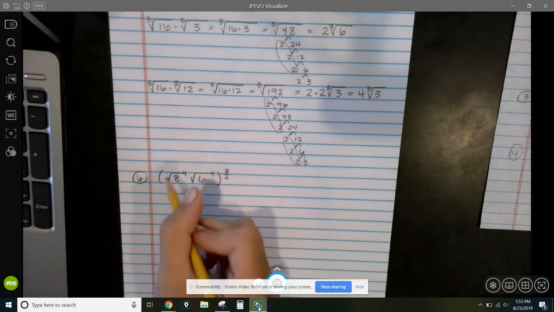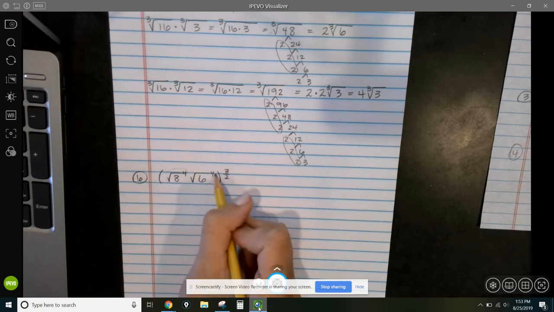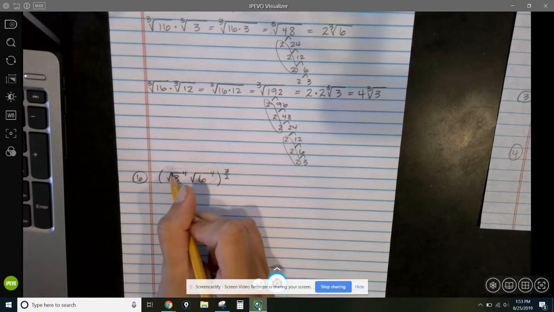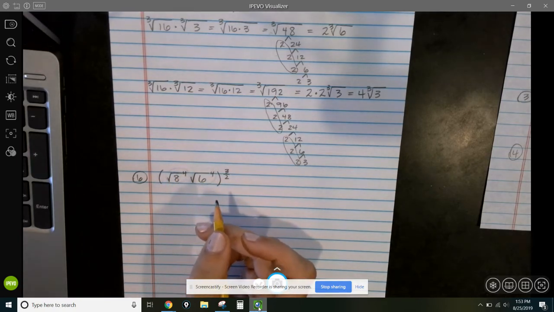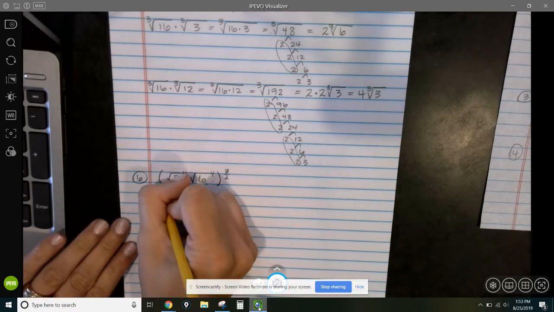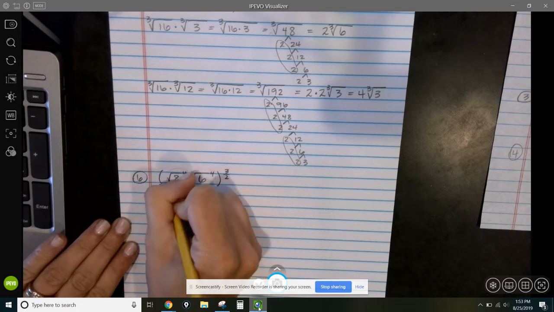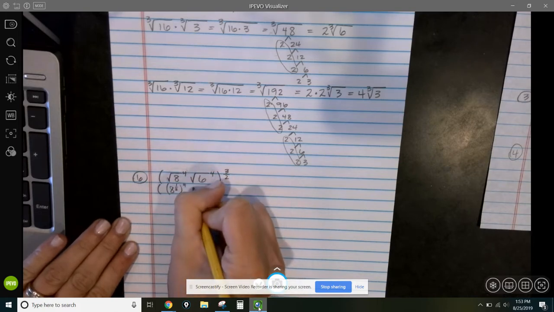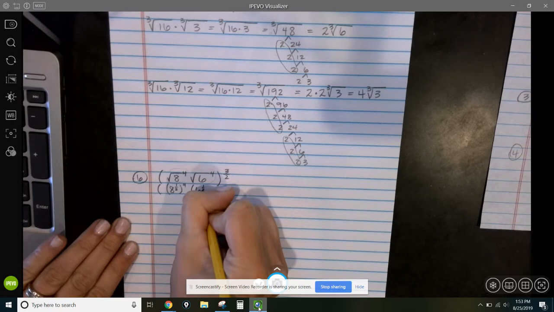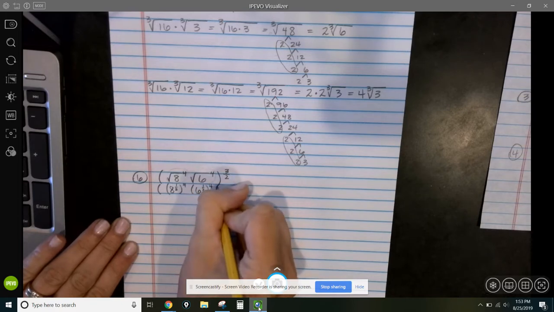So for me, I would first deal with these things that are inside the parentheses. I know that a square root symbol is the same as an exponent of 1/2. So I'm going to rewrite that as 8 to the 1/2 to the 4th power. And same with the 6. I'm going to write it as 6 to the 1/2 to the 4th power.